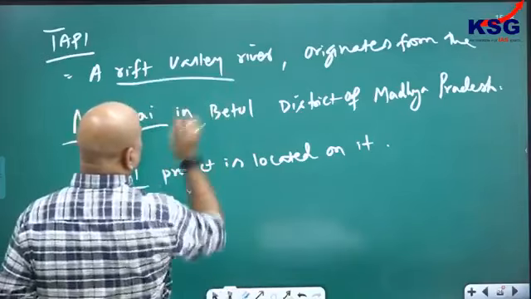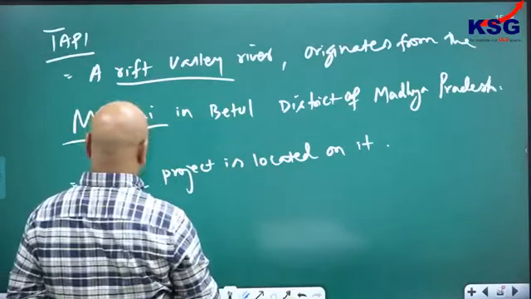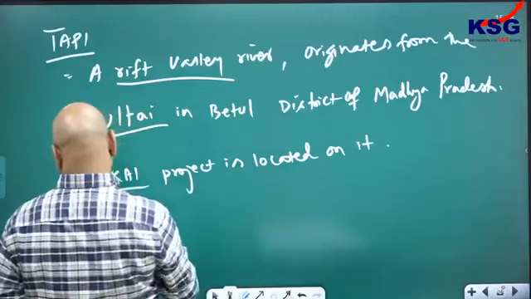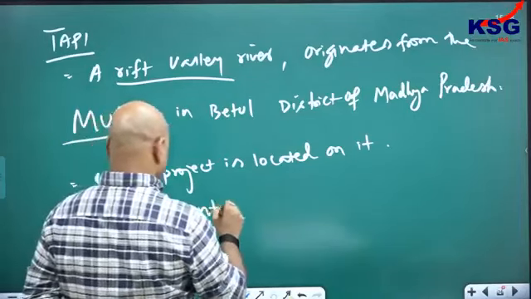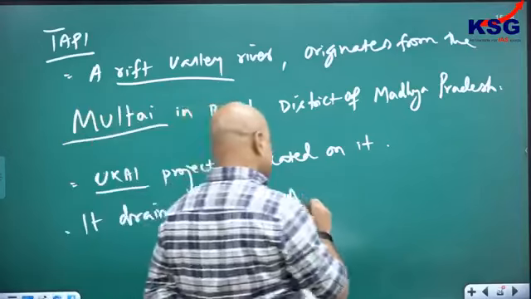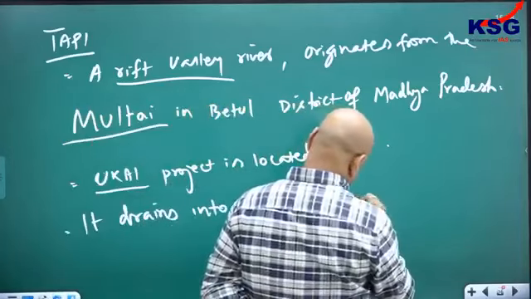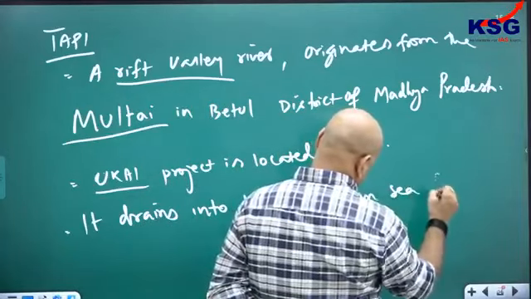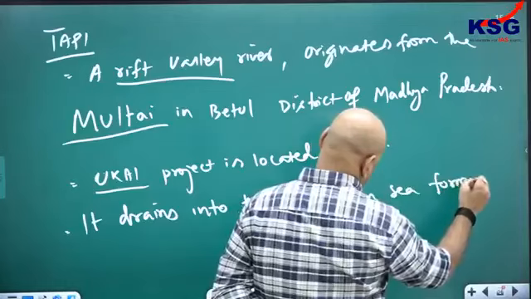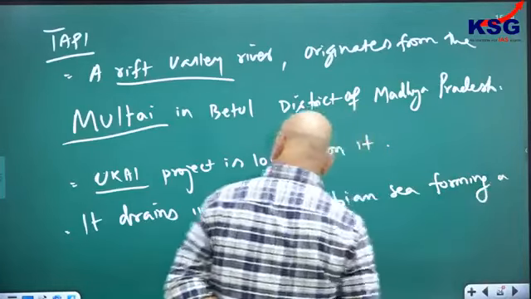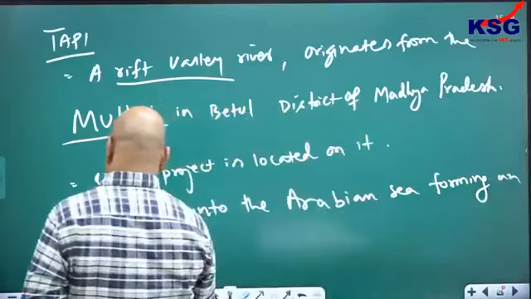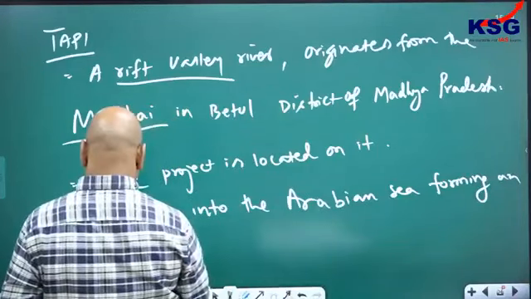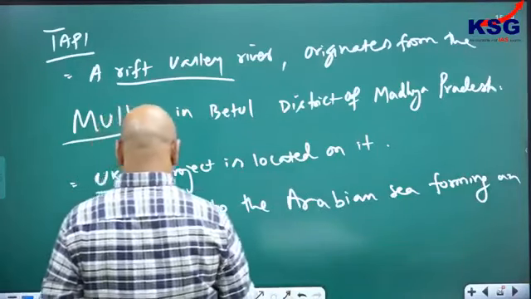I said rift valley river. It drains into the Arabian Sea, forming an estuary at its mouth.